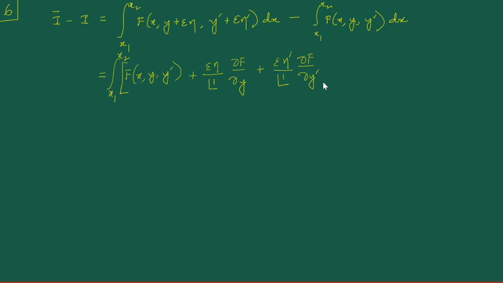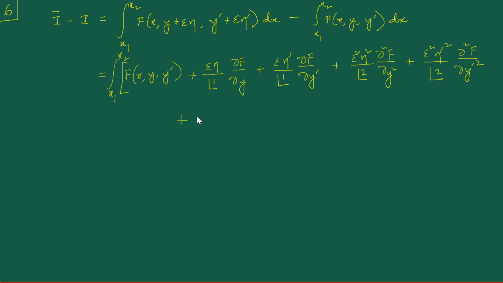Okay, for the second order terms, what we have is epsilon square eta square by factorial 2 del square f del y square plus epsilon square eta dash square by factorial 2 del square f del y dash square, and then we have two terms involving the cross derivatives.